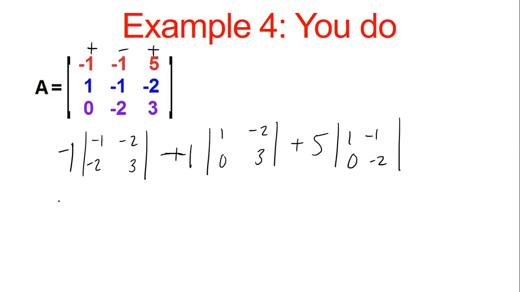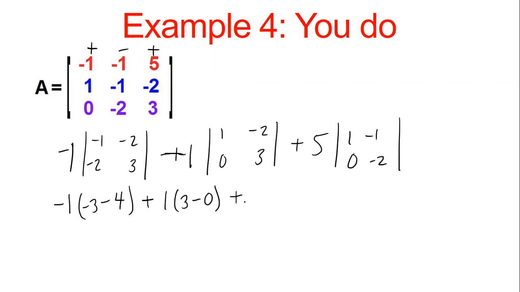All right, now we're going to find the determinant. So we cross multiply: -3 minus -2 times -2 is +4, plus 1. Cross multiply: 1 times 3 is 3. 0 times -2 is 0. -2 times -2 is +4, but you're subtracting.